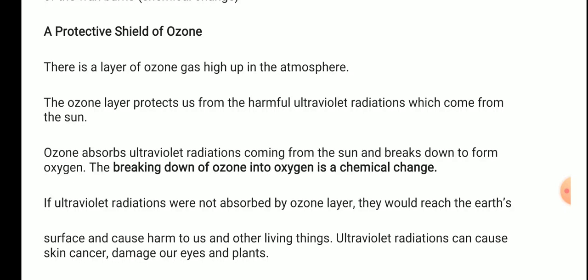But in this process, while absorbing the ultraviolet radiation from the sun, ozone breaks down to form oxygen, and that's why it is a chemical change, because ozone converts to oxygen.